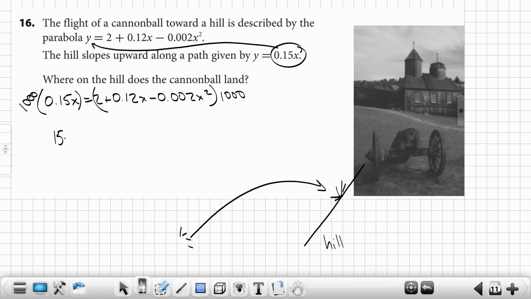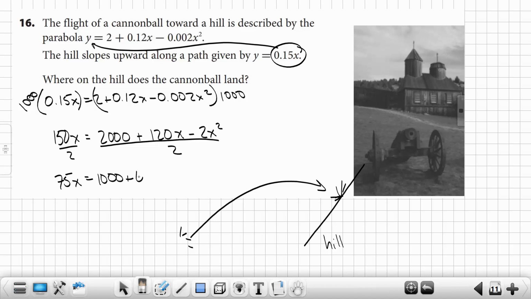So now I've got 150x equals 2,000 plus 120x minus 2x squared. Matter of fact, I'm going to keep going, and I'm going to say everything here is divisible by 2. Just trying to make my life a little easier. And sometimes a little more work makes our life a little easier.